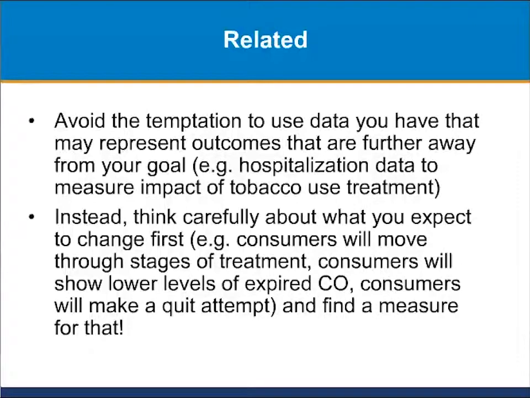So it could be as simple as consumers moving through stages of treatment. If you have a number of people you're working with who really aren't thinking about quitting tobacco, the first thing you're likely to see is them moving from pre-engagement to engagement and then eventually to active treatment.